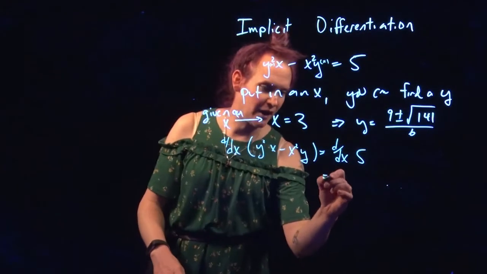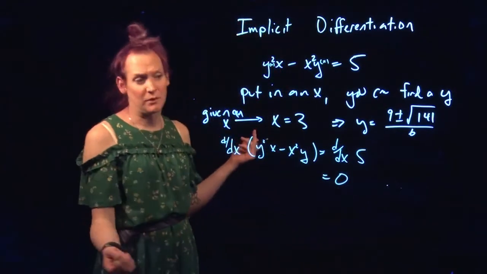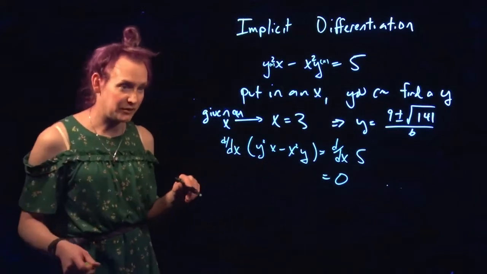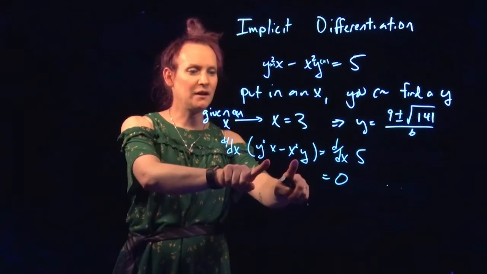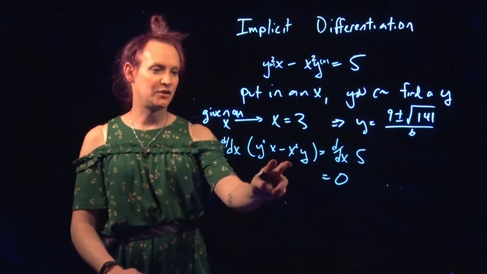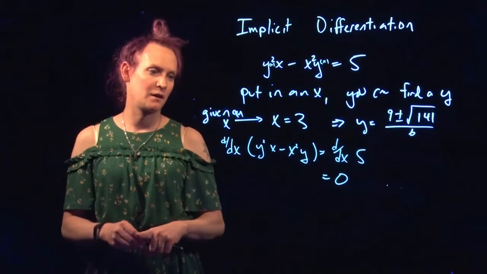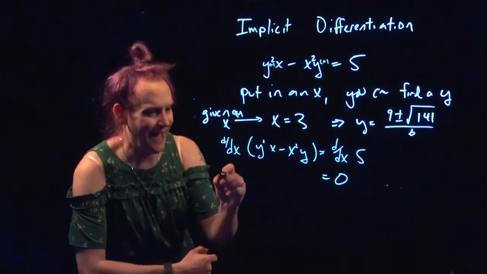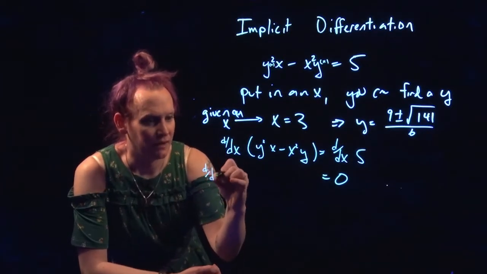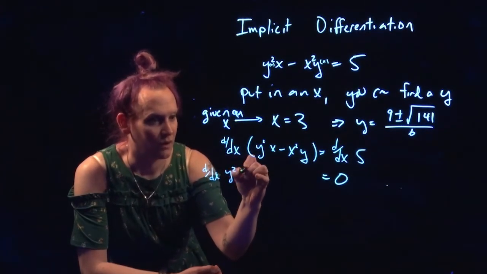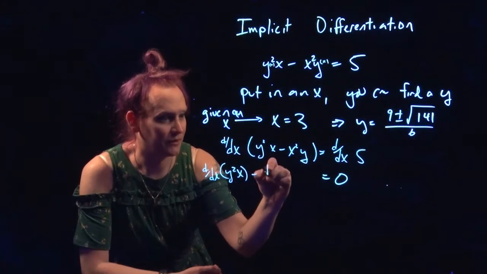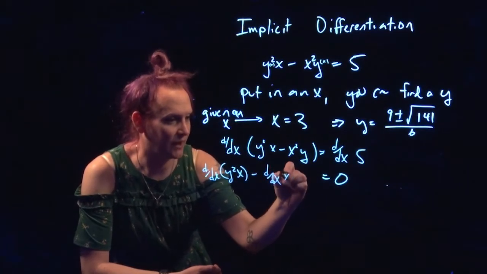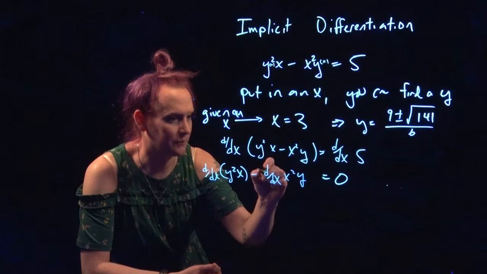On the right-hand side, I have equals 0 because the derivative of 5 with respect to any variable is 0. On the left-hand side, I need to take the derivative of each of these two expressions separately. I need to take the derivative of y squared x, d/dx of y squared x minus d/dx of x squared y.